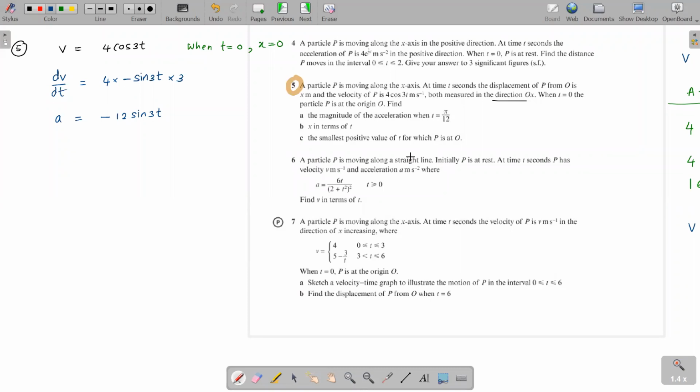So what do you have to do? Replace t with pi over 12 in this equation and type it in the calculator to get the answer. So when t is pi over 12, acceleration equals minus 12 times sine of 3 pi over 12. Do you agree with me?